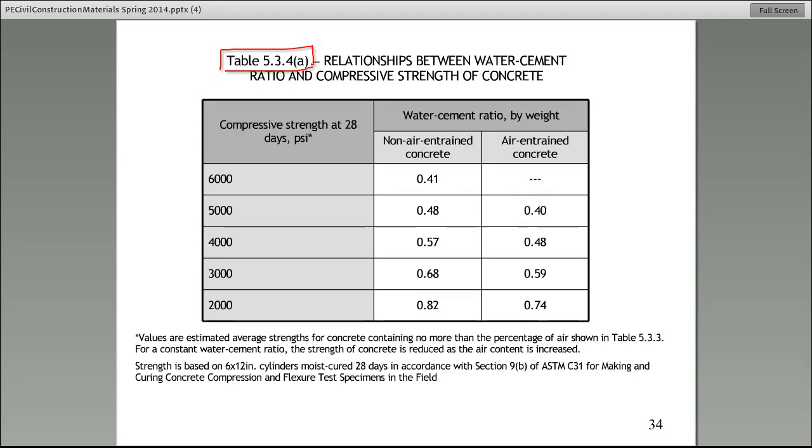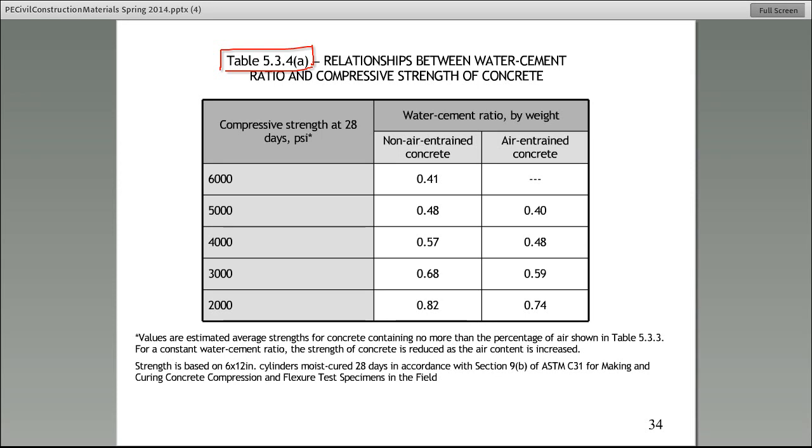All right? So in order to achieve 3,900 psi, we need to use this table 534A to see what the water to cement ratio should be in the mix design process.